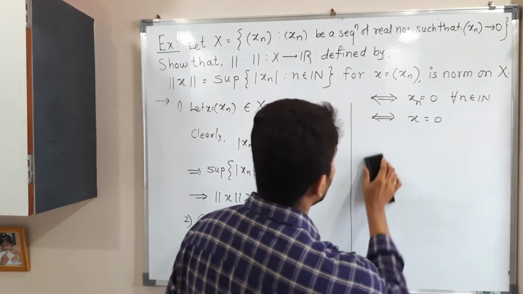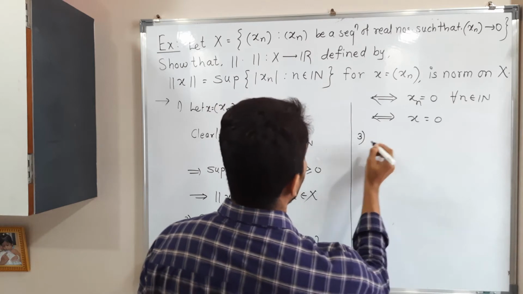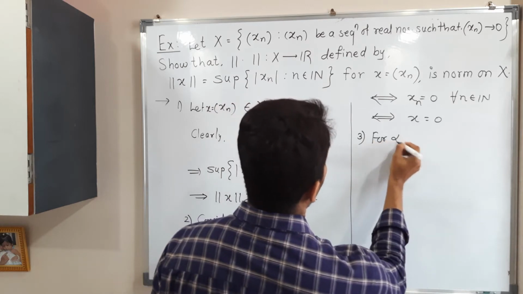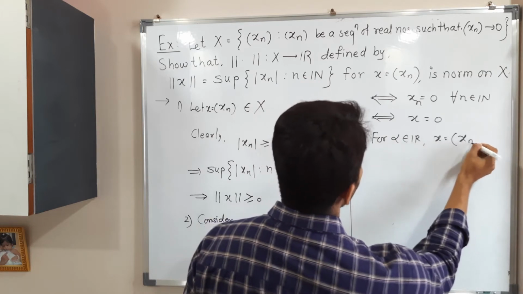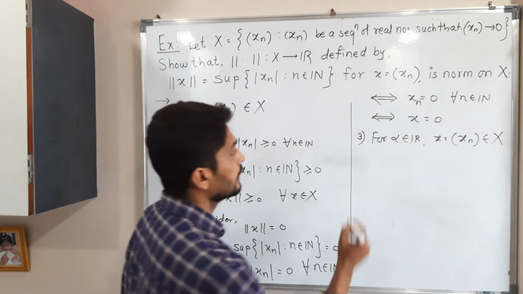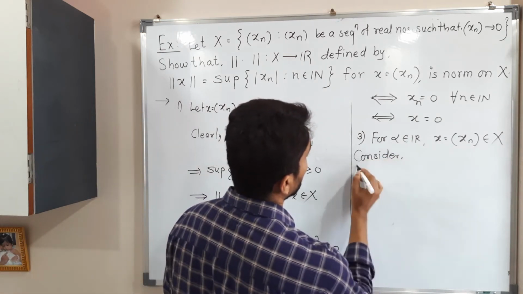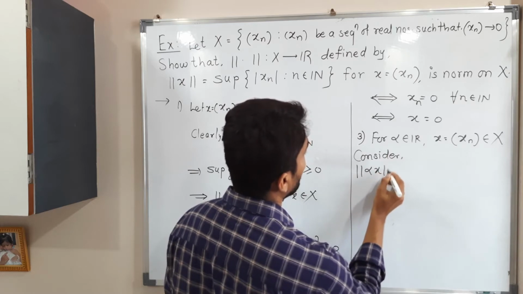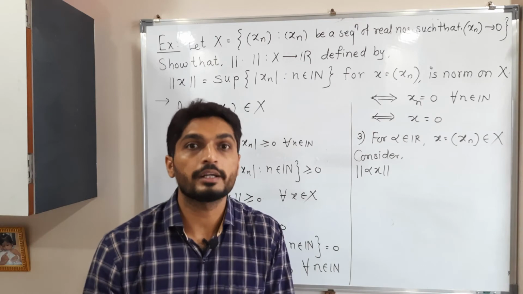What is the third condition? Will you tell me? For the third condition we require some constant alpha belonging to R, and x is x_n, which is a member of X. Okay, so you remember the third condition. In the third condition what we do? We consider norm of alpha x, and finally what we want is that at the end alpha should come outside with a mod.